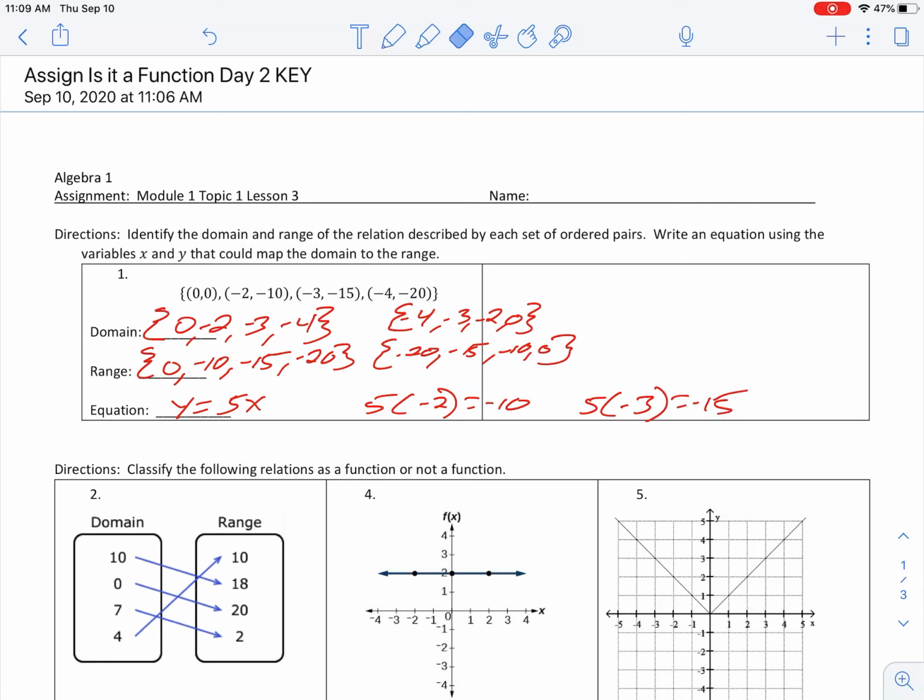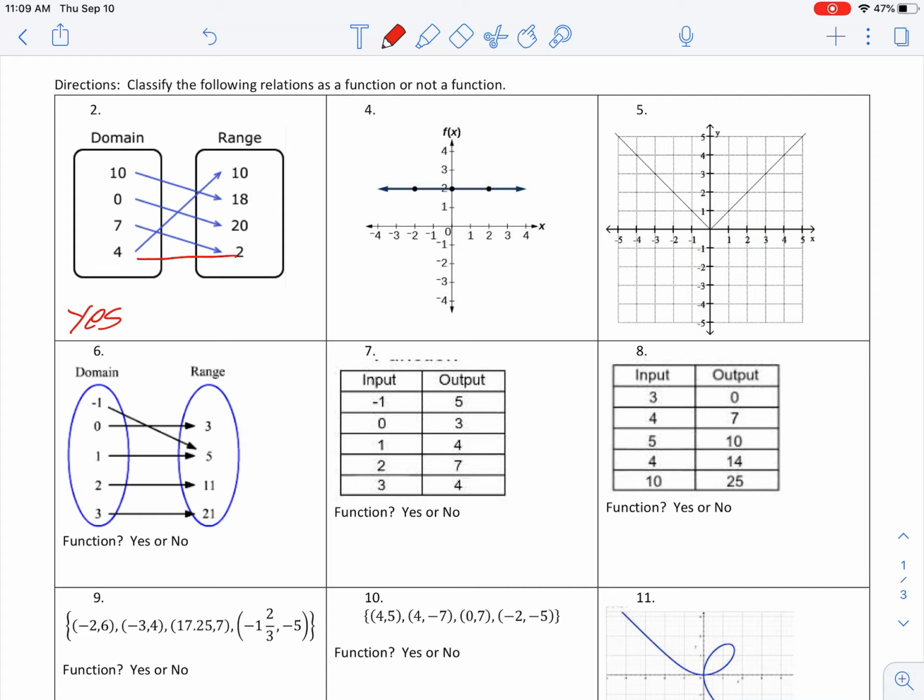So 10 is going to 18, 0 is going to 20, 7 is going to 2, and 4 is going to 10. That's all cool. Whereas not a function would be like 4 goes to 2 as well. If 4 goes to 10 and 4 goes to 2, that cannot happen. A domain value can't be repeated going to different y values, different range.